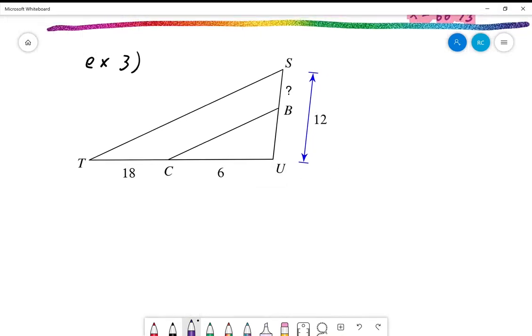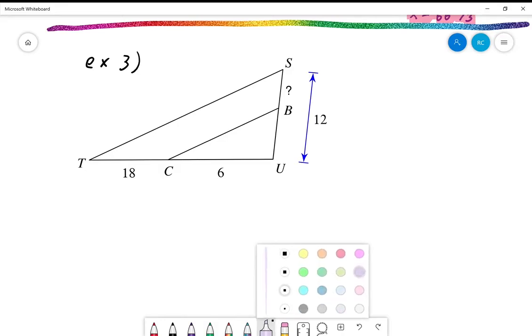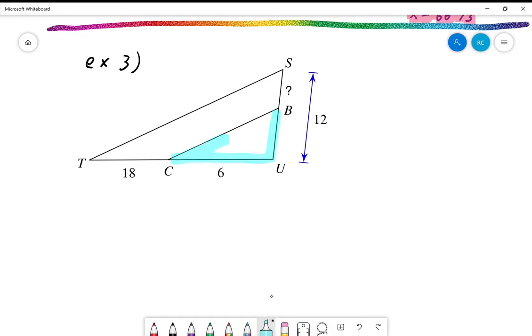So example 3, this is one of the kinds of problems that has really been frustrating a lot of students. So let me highlight for you the two triangles we're talking about. Here's one triangle, BUC.